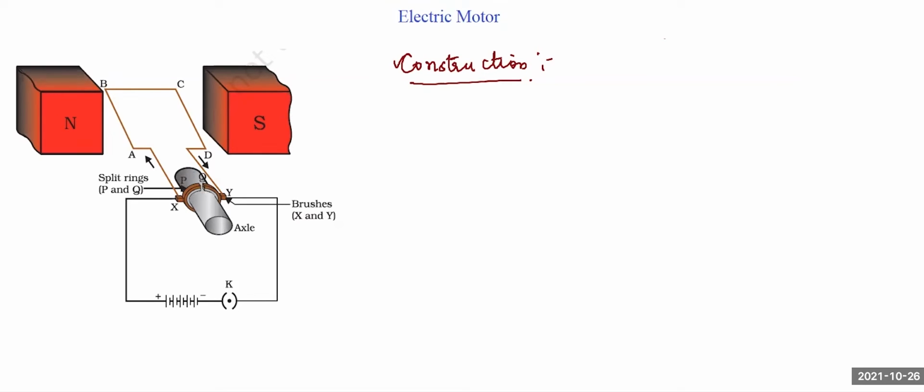Now the two ends of the coil are connected to two split rings, namely P and Q. The inside part of the split ring is insulated and it is connected to an axle.